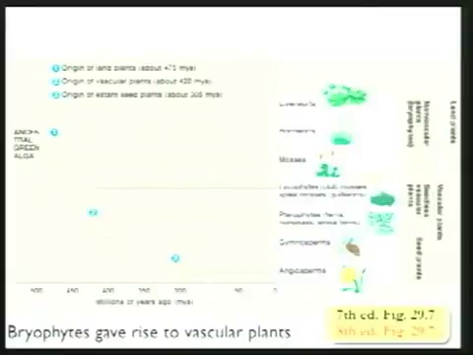So right around the time we have a lot of multicellular life evolving, we have the land plants evolving, and then about 50 million years later, we get the origin of the vascular plants, which are these 4 major lineages that I'll get to in a moment.